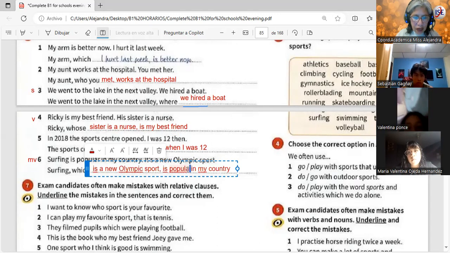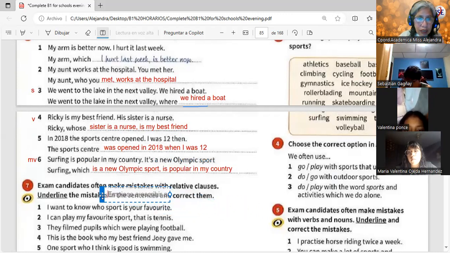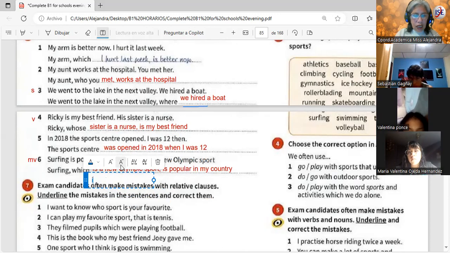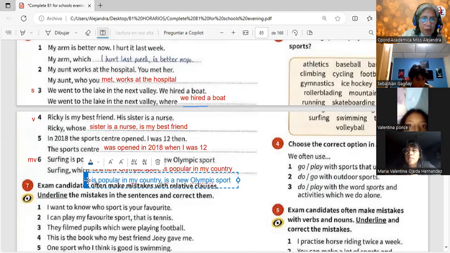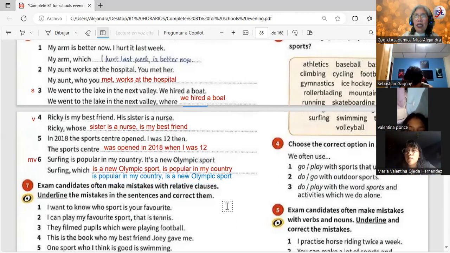I forgot the comma. Okay. I can also say the opposite. Surfing, which is popular in my country, is a new Olympic sport. Both combinations are correct.